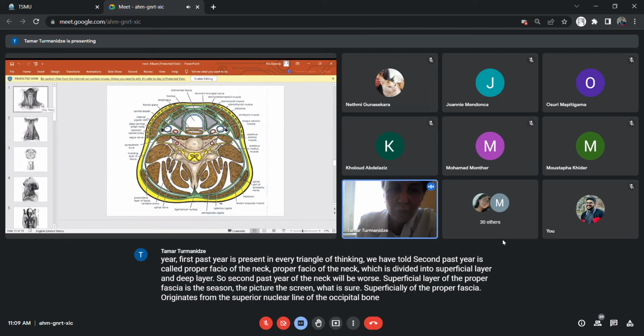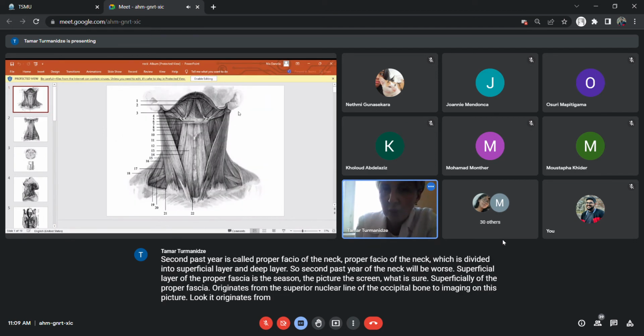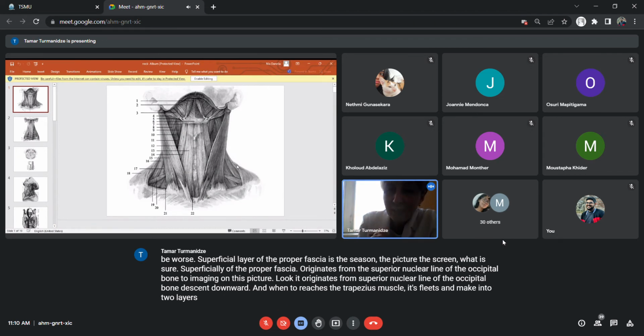To imagine it on this picture, look, it originates from the superior nuchal line of the occipital bone, descends downward, and when it reaches the trapezius muscle, it splits into two layers and makes a compartment for the trapezius muscle. After that, it becomes one layer.